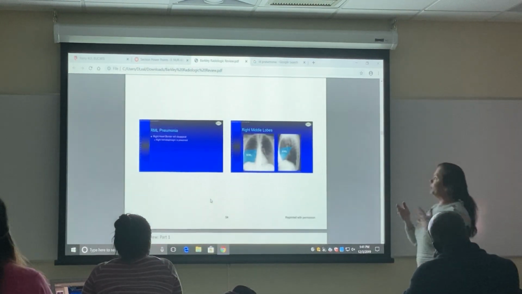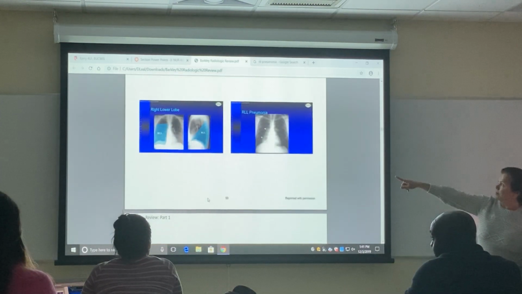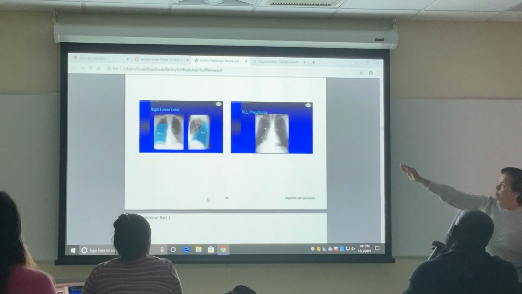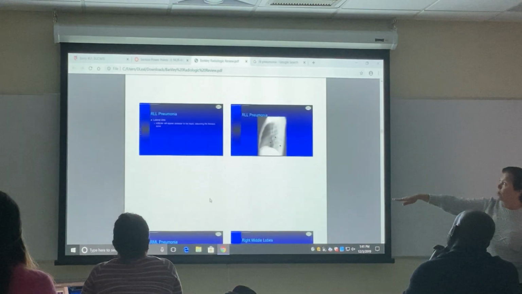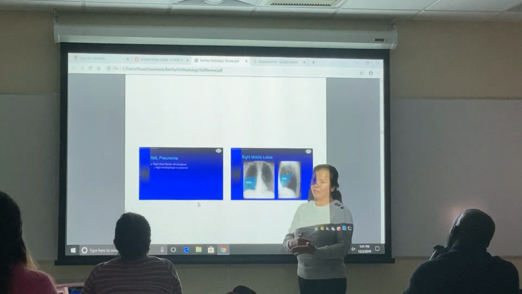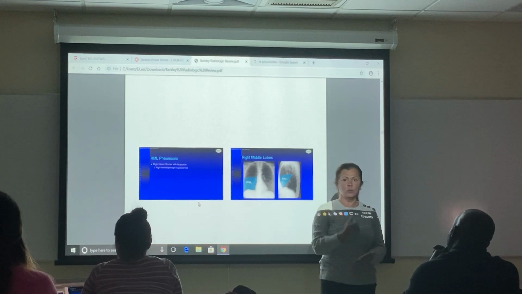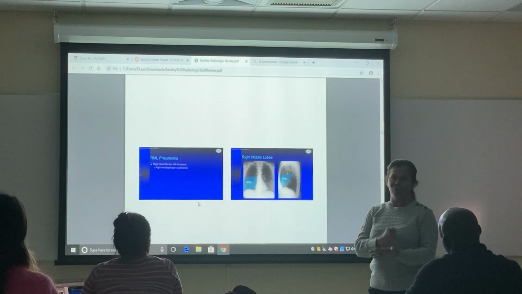Again, if you compare the right lower lobe, look at the blue. The blue says that the right lower lobe blunts the hemidiaphragm, but the right middle lobe goes above the diaphragm. So again, the rule is that if you're able to see the diaphragm, you do not have right lower lobe.